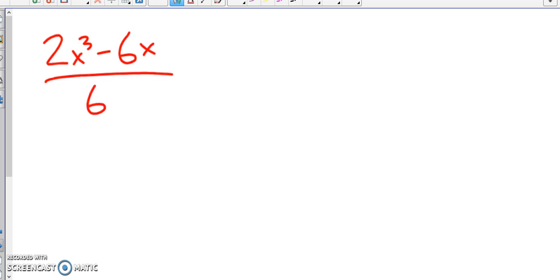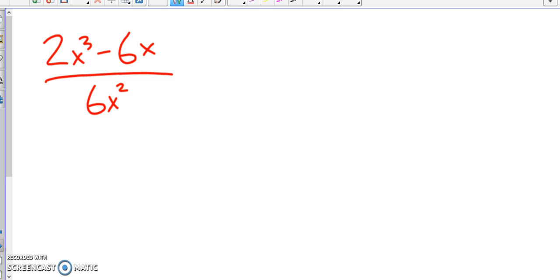So what we're going to do over the rest of this video and probably the next video is a bunch of examples in simplifying these rational expressions. So let's start out with 2x cubed minus 6x over 6x squared.